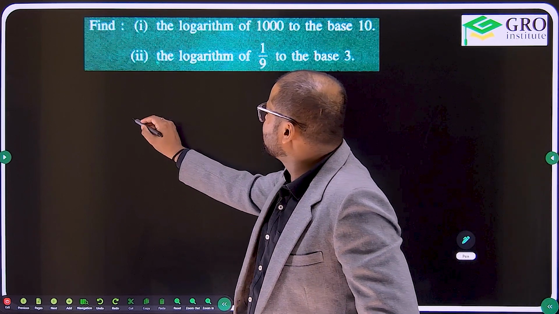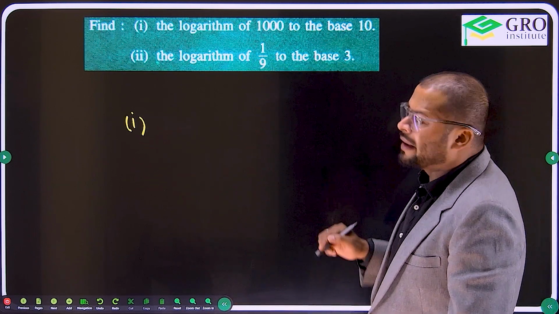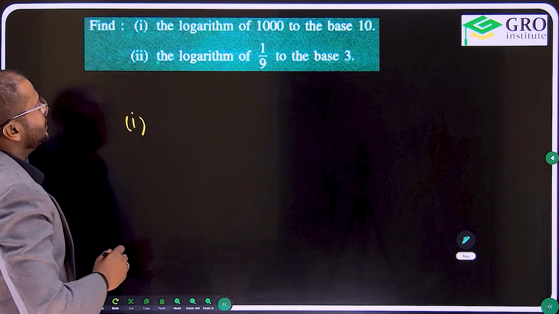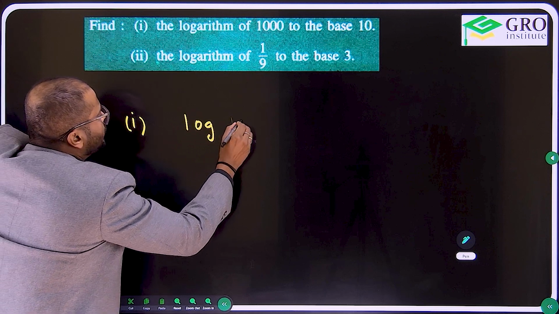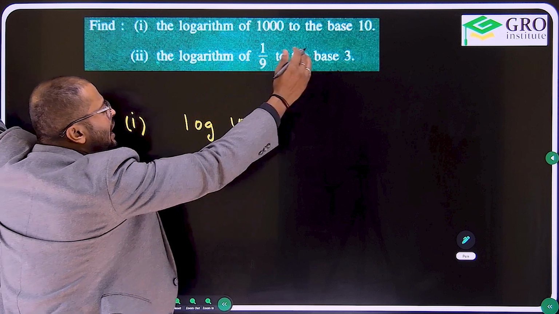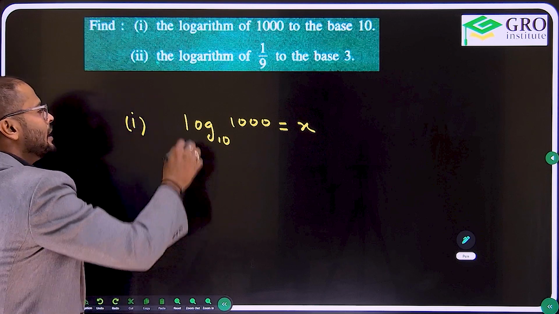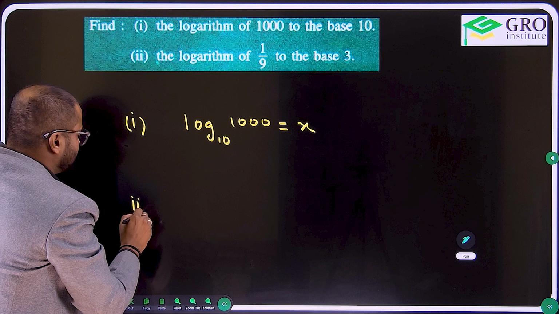So in the first question, the logarithm of 1000 to the base 10, you have to understand the logarithm of 1000. So this is log of 1000 to the base 10 is equal to what? They want the answer. We will be answering it, but before that let us solve the second question.